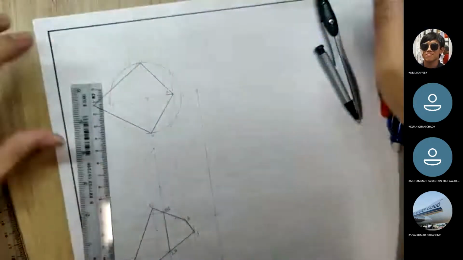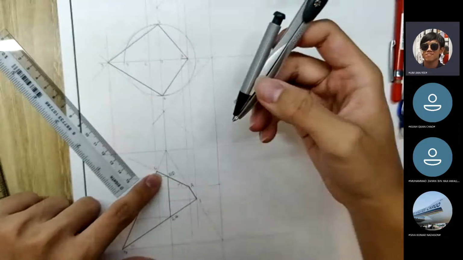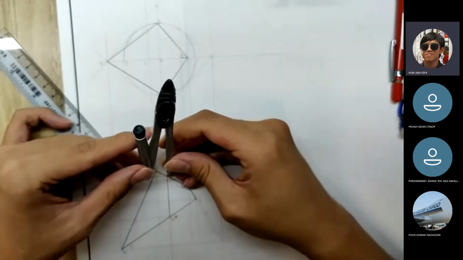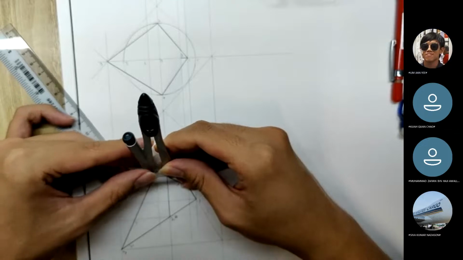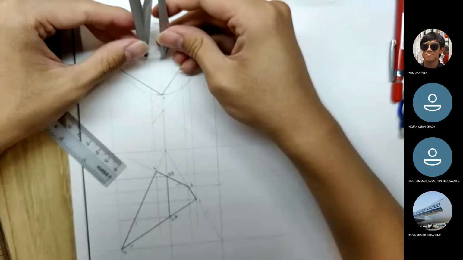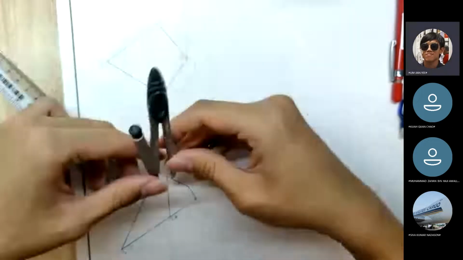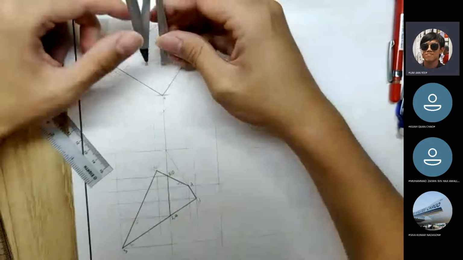Now you do the same thing with BD. See BD and it sticks out to C. So you take BD, then you use your compass, find where's C. Okay, I found C. Not C, but C prime.